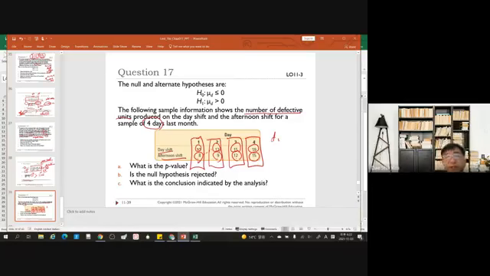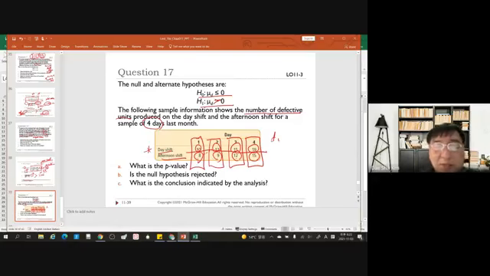If we do that, the average of the difference in the population is greater than 0 or less than 0. Greater than 0 means the day shift maybe produces more defective units, and the afternoon less. So I don't know.